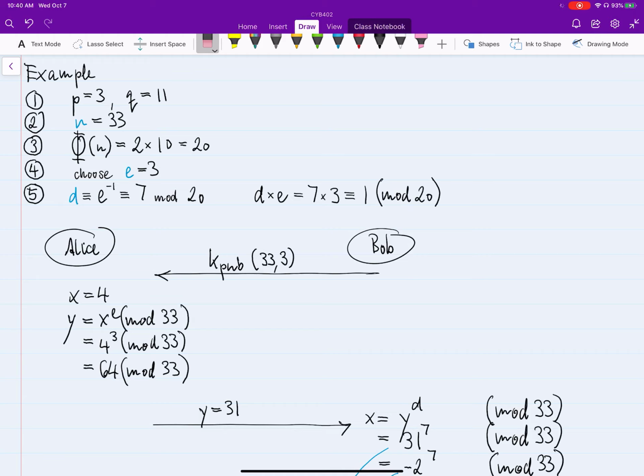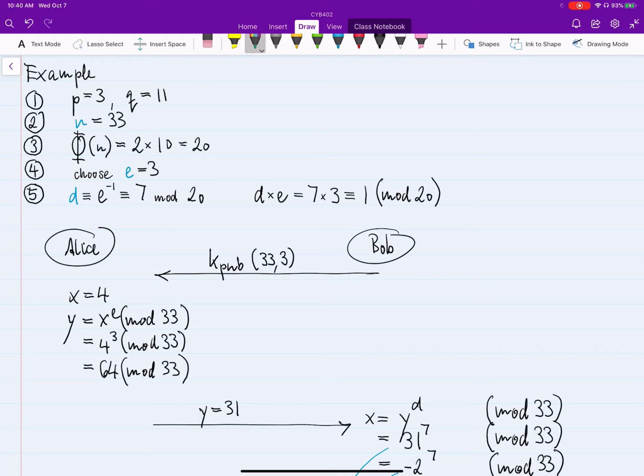The other way of choosing E, which is very popular, is to choose 2 to the 16th plus 1. And this has to do with how we can efficiently do exponentiations, which we're also going to cover further down. Convince yourself that 2 to the 16th plus 1 is a prime as well.